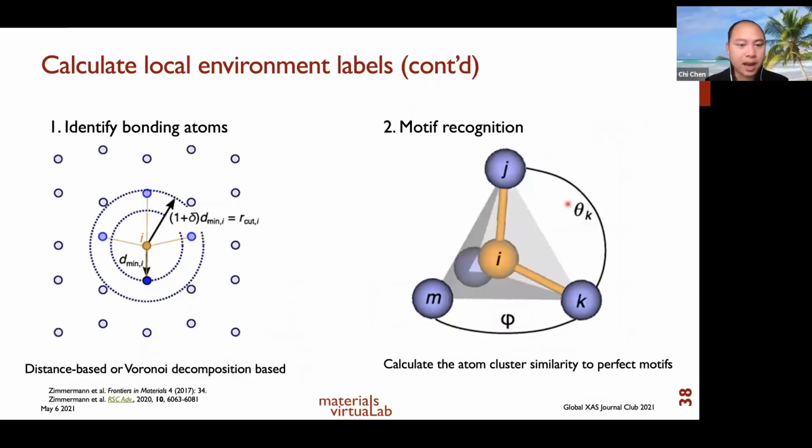This is the algorithm that they use. As I just mentioned earlier, you extract the local environment, and then you compare it to a set of well-established motifs, and you calculate the similarity score, a continuous value, from this matching.